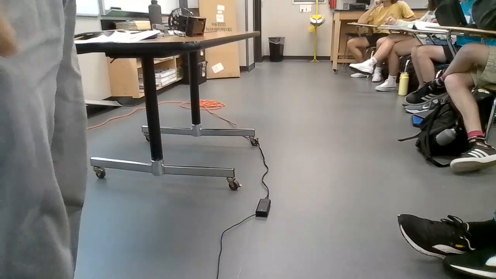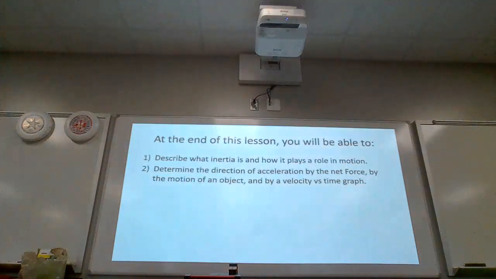How would it move? Yeah, right. Yeah, constant velocity in a straight line path. Okay, now I know we don't really experience that very often.